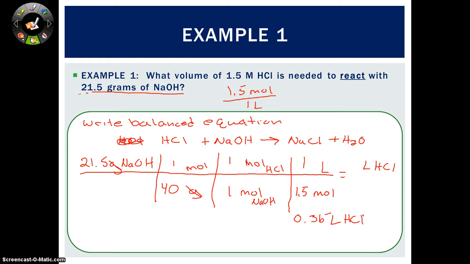Okay, so the only thing that's new here is this last part, using molarity as a conversion factor. Everything else started the same, from grams to moles, moles of given to moles of unknown, and then from moles to liters using our molarity.